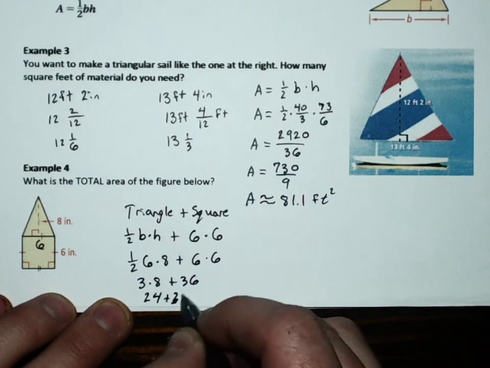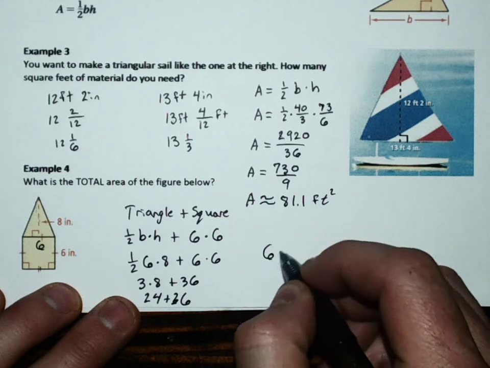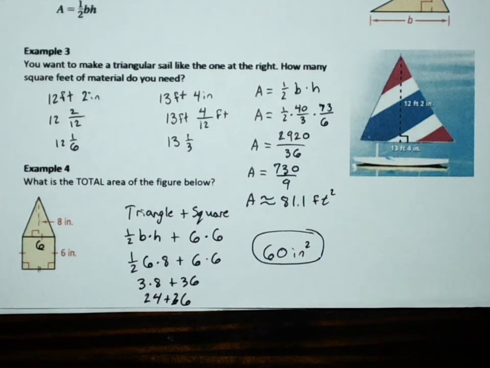And 24 plus 36 is 60. 60 square inches is the total.